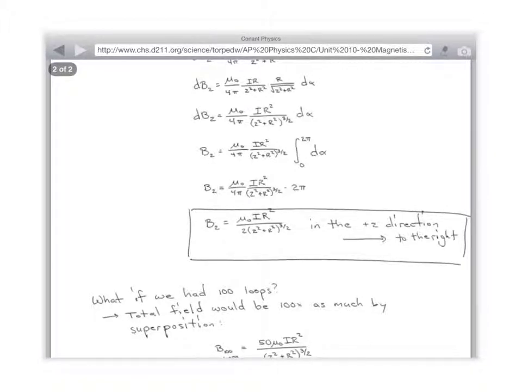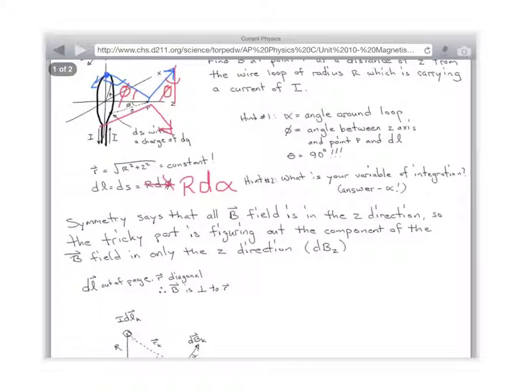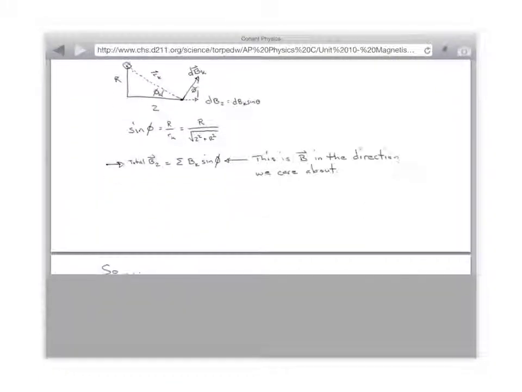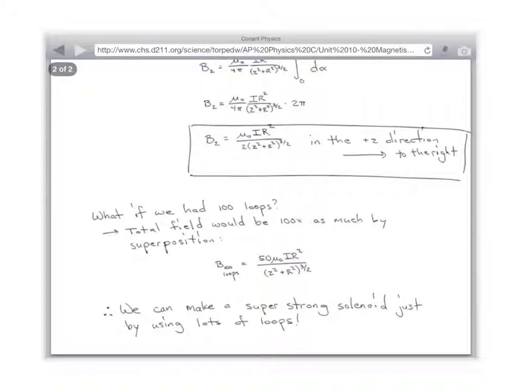All right, last thing I wanted to point out here is, what if you were looking at the center of the loop? So let's look back at this. What if, instead of saying I want to know the field out here, I said I want to know the field right in the middle? What would z be? Well, z would be 0. And what that means is our final answer would be completely simplified. That z would go away because it's 0. And I get mu naught I R squared over 2, and this would come out to R cubed.